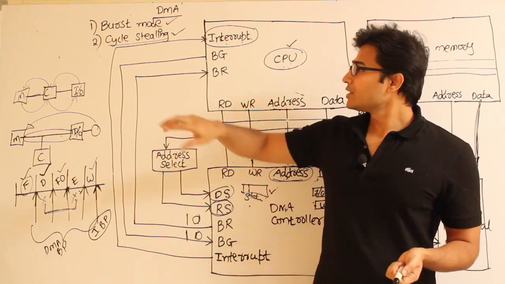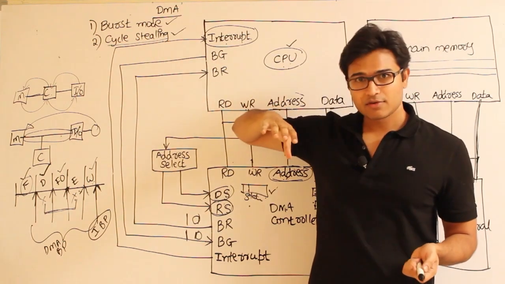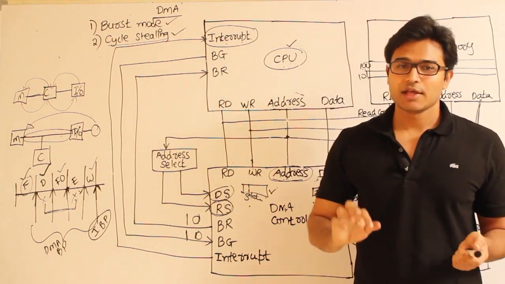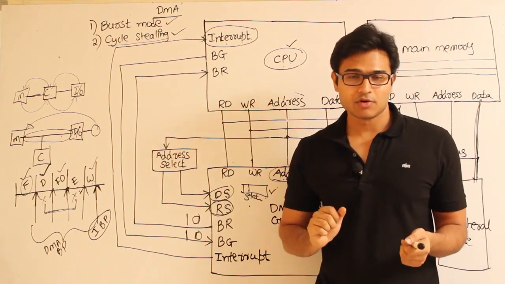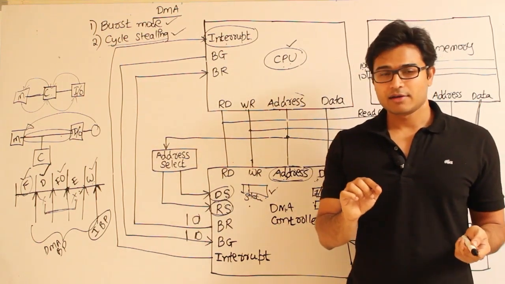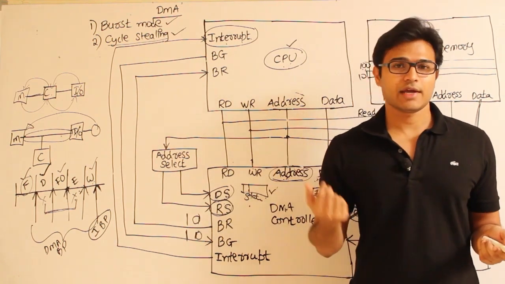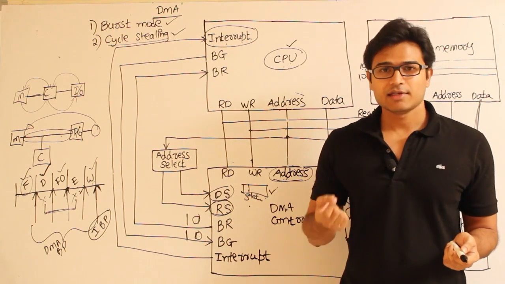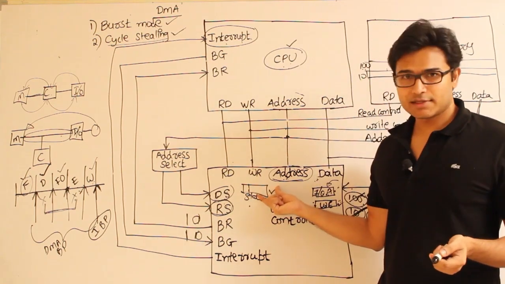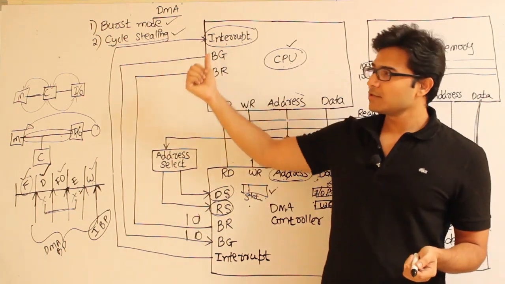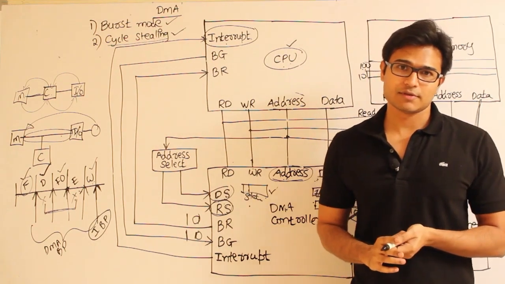Generally this type of transfer is apt for slower devices like the keyboard. If you are typing something on the keyboard, you will not be typing at a rate of 1000 characters per second. You will be sending 1 or 2 characters per second. In that case, every second it will ask for one cycle. Got it? So that is where cycle stealing is going to be useful, right?